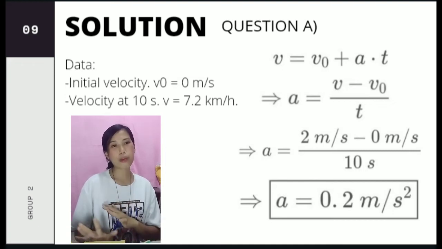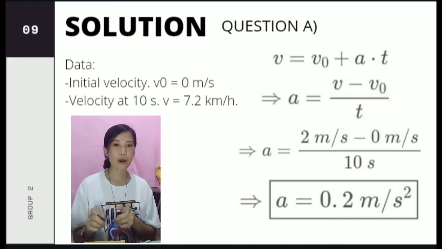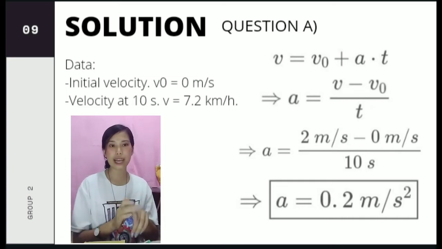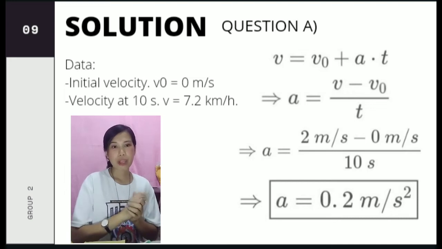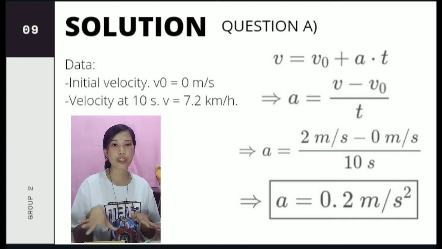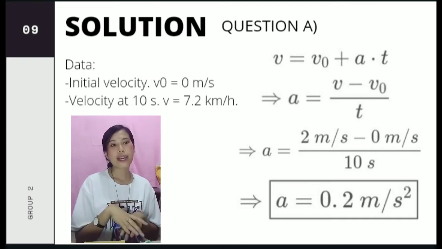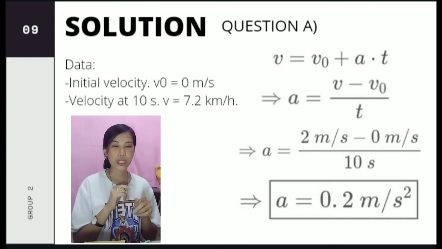So using the formula V equals V sub O plus A times T, that leads us to directly use A equals V minus V sub O all over T, and then substitute everything, and we have here A equals 0.2 meters per second squared.